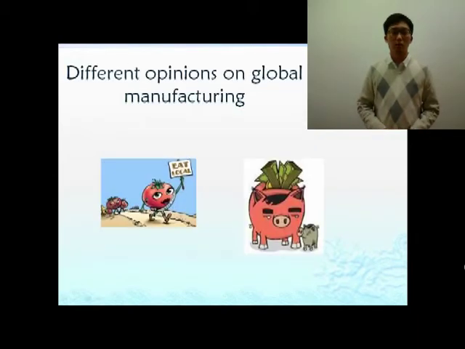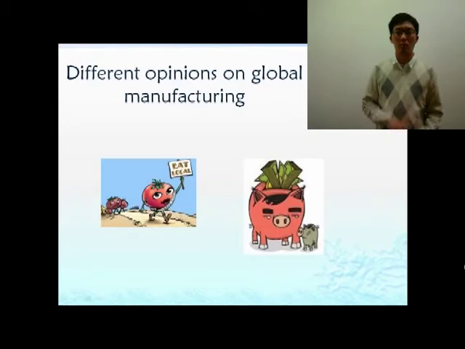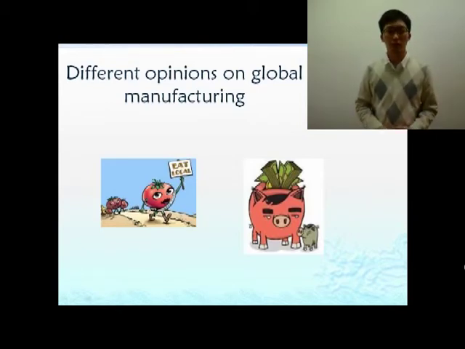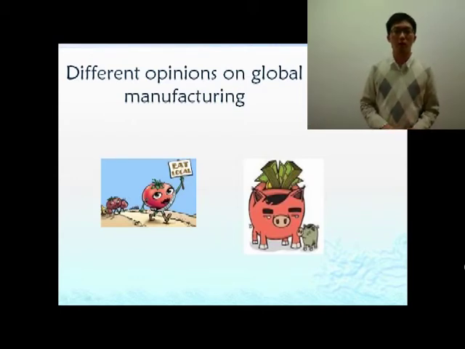In recent years, considered as part of globalization, there have been some critiques of global manufacturing. To most ordinary people, global manufacturing is the reason for the unequal distribution of wealth.